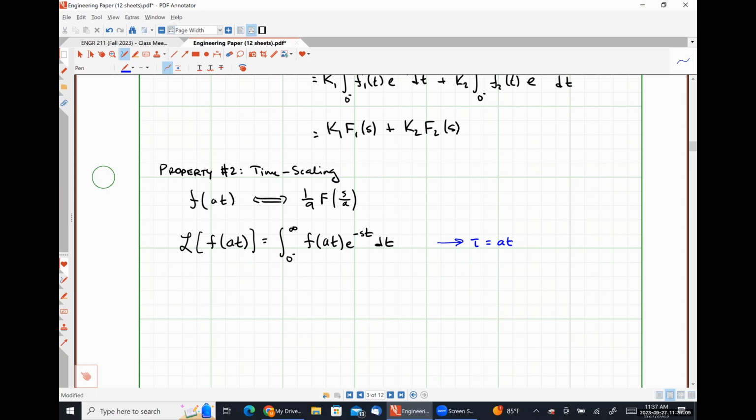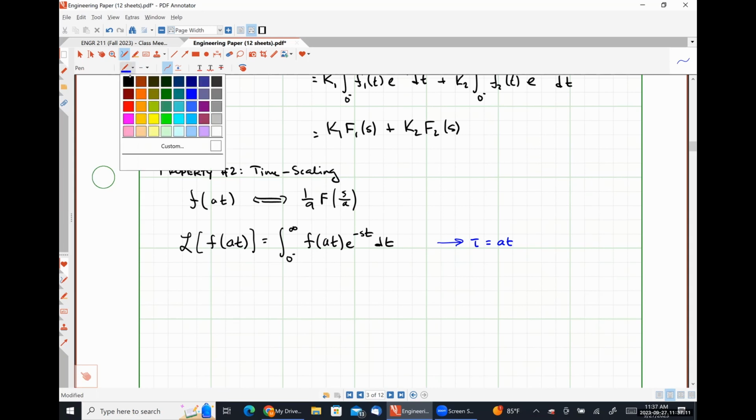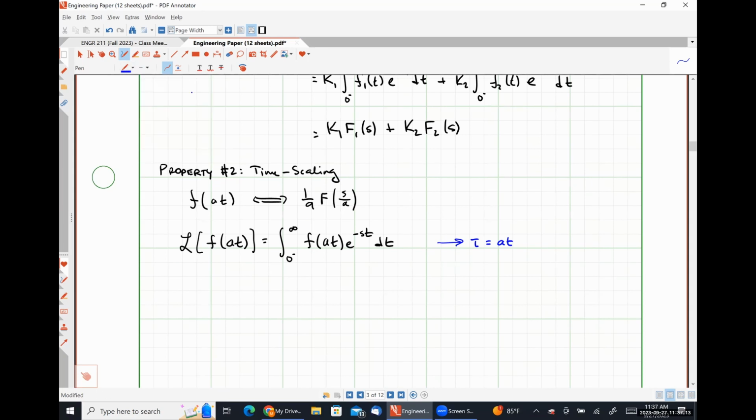Well, if we take the derivative of this guy, what we're going to find is that dt will be 1 over a times d tau.